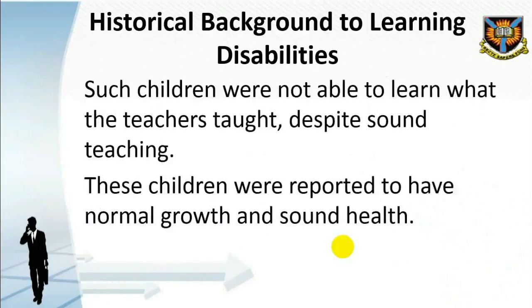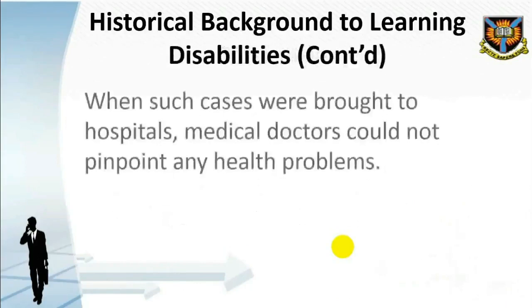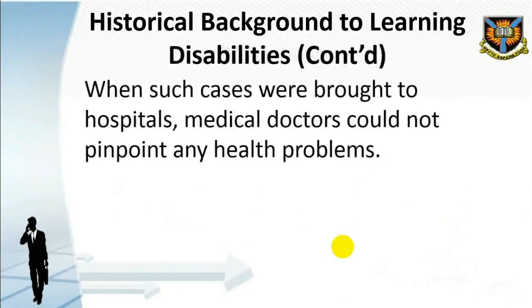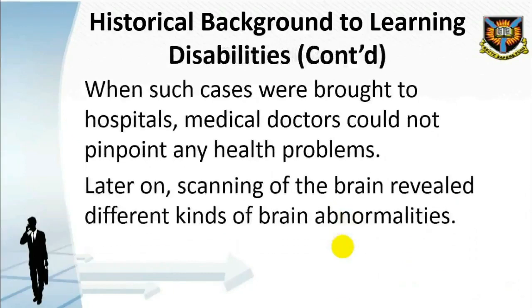These children were reported to have normal growth and sound health. When such cases were brought to hospitals, medical doctors could not pinpoint any health problems. Later on, scanning of the brain revealed different kinds of brain abnormalities.